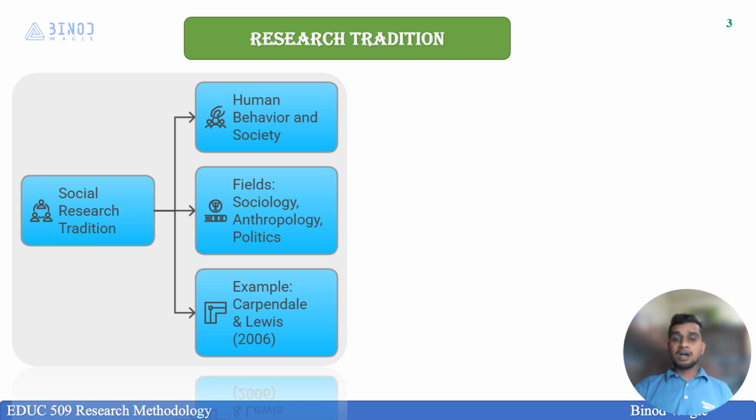For example, I have included here a research article by Carpendale and Lewis from 2006 entitled "How Children Develop Social Understandings." You can find it in Google Scholar also. This one is the social research tradition.